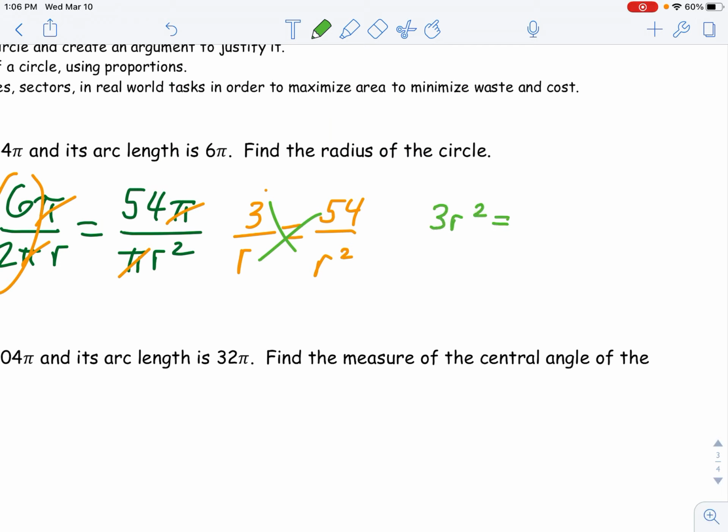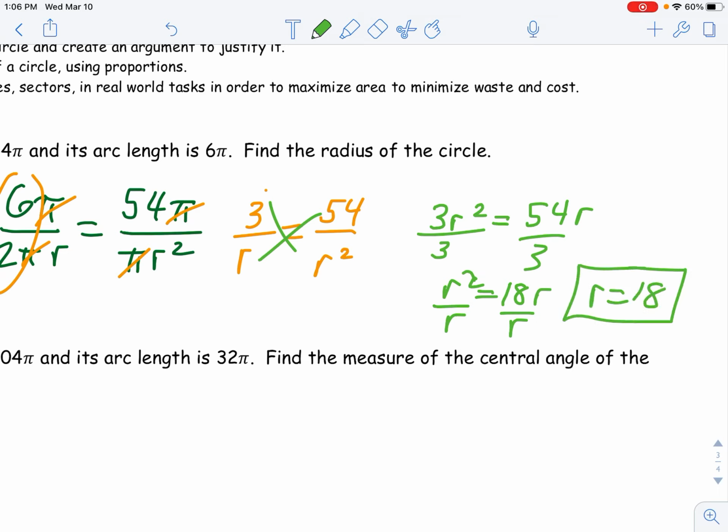Then it's just cross multiplying. 3r squared equals 54r. Take it step by step. 54 divided by 3 is 18. R squared equals 18r. Divide both sides by r, and we get r equals 18.